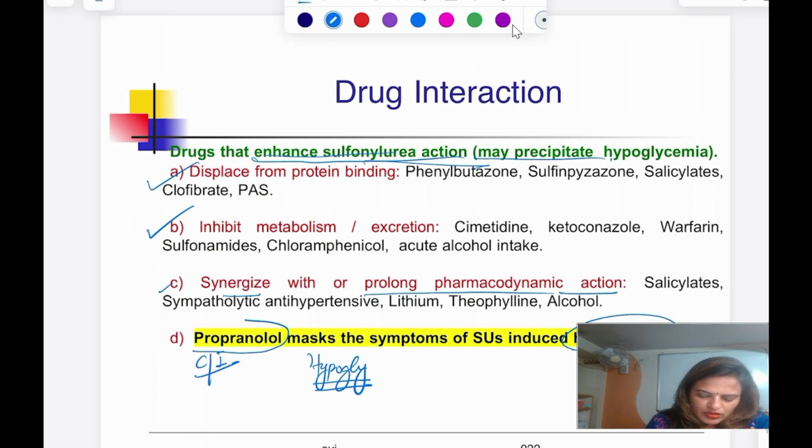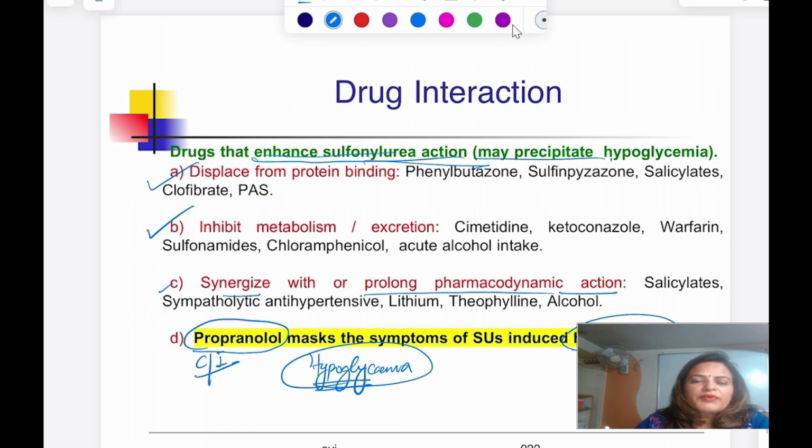Why propranolol? Because if the person is taking any drug or is on insulin, the most common side effect is hypoglycemia.